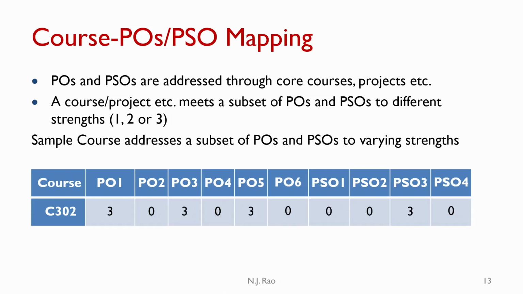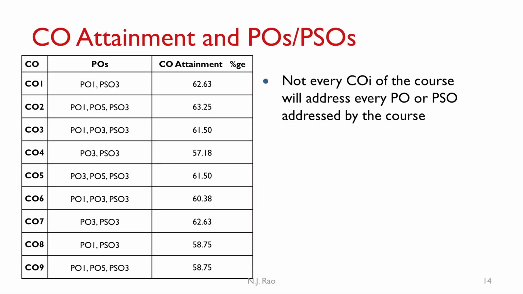This is how we prepare the table, where PO2, PO4, PO6, PSO1, PSO2 and PSO4 are not addressed at all. So that strength will be 0. So it is 3 0 3 like that. You prepare a kind of course PO PSO mapping, a matrix of that type.